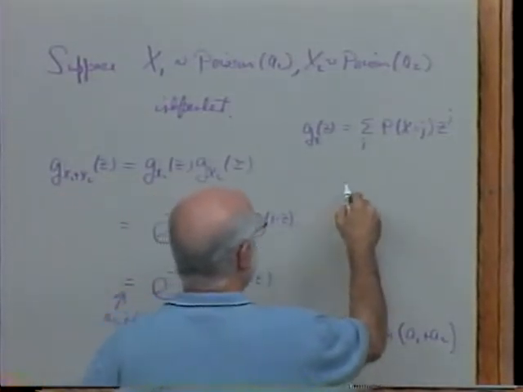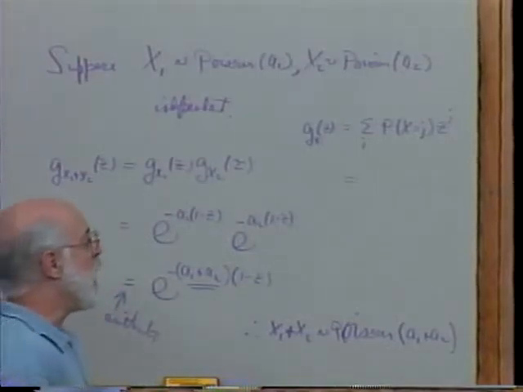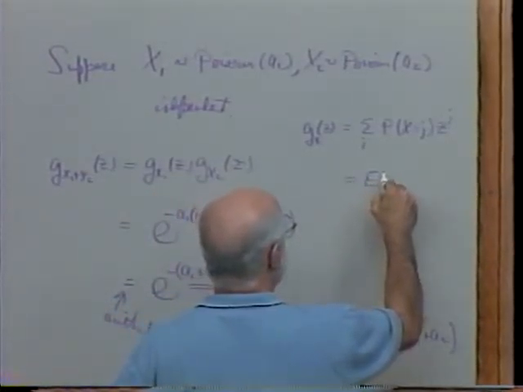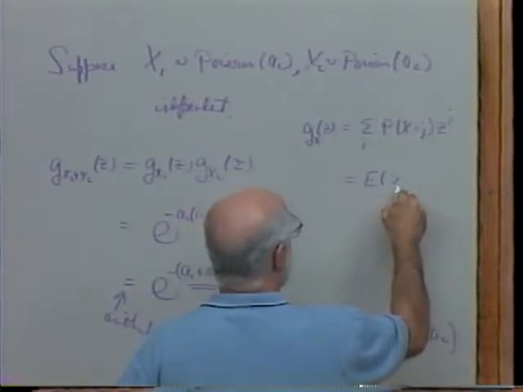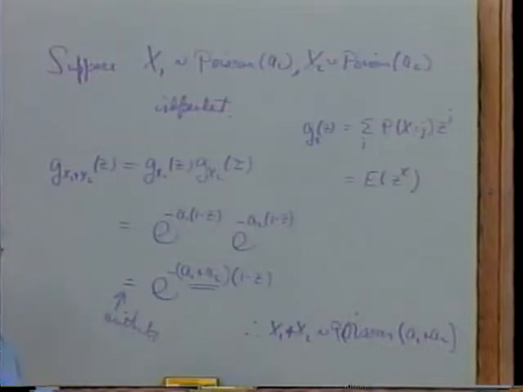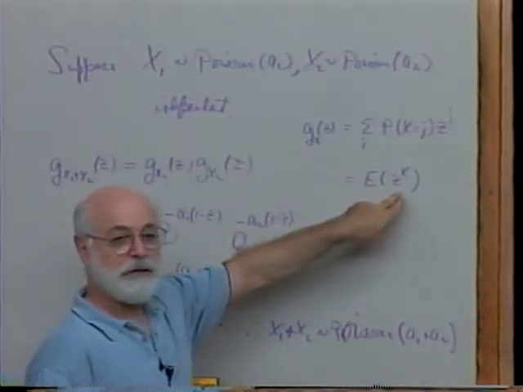Now, if I wanted to, I could look at that formally as saying, well, that's the same thing as the expected value of z to the x power. That is, a generating function is an expected value.